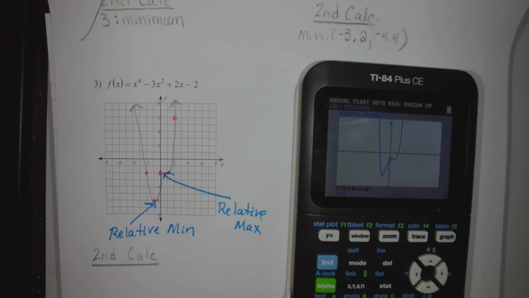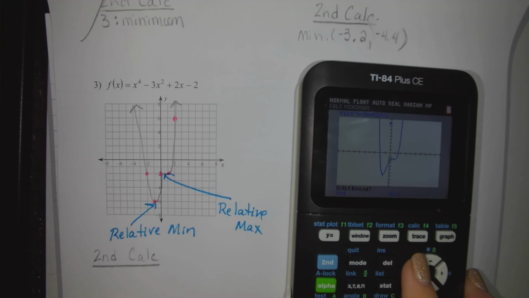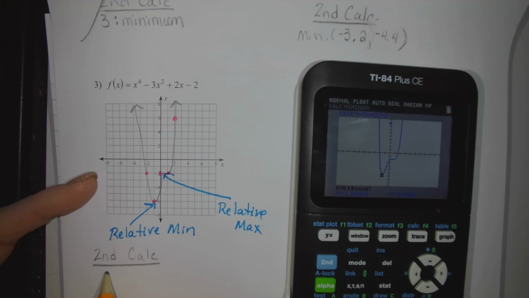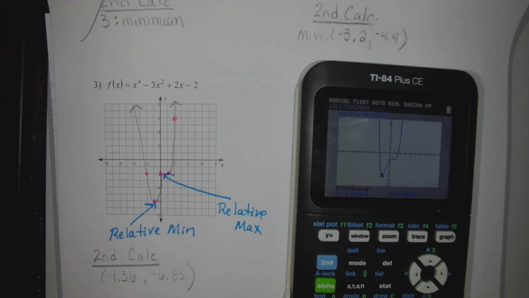Second calc, let's just do 3. Enter, and my cursor should be right there. Yours should be somewhere in the middle. I'm gonna do min first. So to me, this looks the closest. So my x and y are -1.36 and -6.85-ish. Okay, we're approximating.